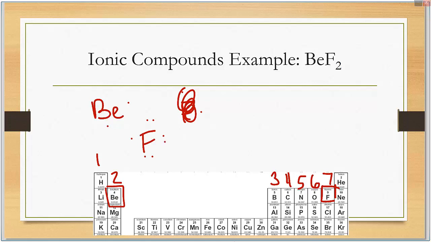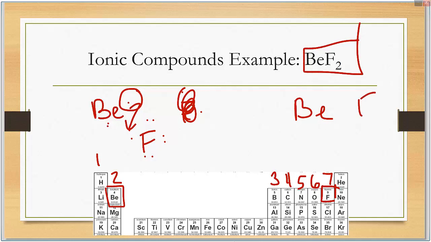Alright, so we notice by the equation, when we balance out the charges, we need 2 fluorines and 1 beryllium. If we look here at the electrons, 1 electron is donated to that fluorine. So we have Be with F with 8 dots around it now, with a negative 1 charge. We still have another dot here that we need to get rid of. Well, that's why we have to do it with another fluorine. Here's our 7 electrons.